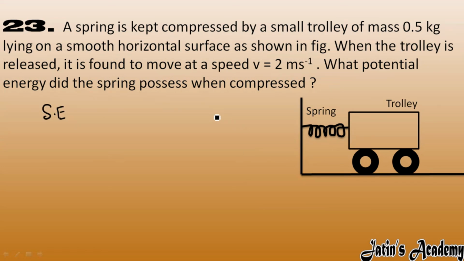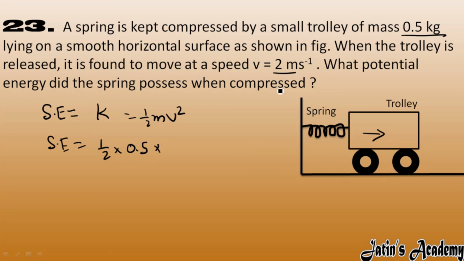the spring energy which is stored in the spring is equal to the kinetic energy with which the trolley is moving. Spring energy stored equals kinetic energy. The kinetic energy formula is half mv square, half, mass value is 0.5 kg, and velocity is 2 meter per second squared. So 1 by 2, this is again 5 by 10, and this is 2 into 2.